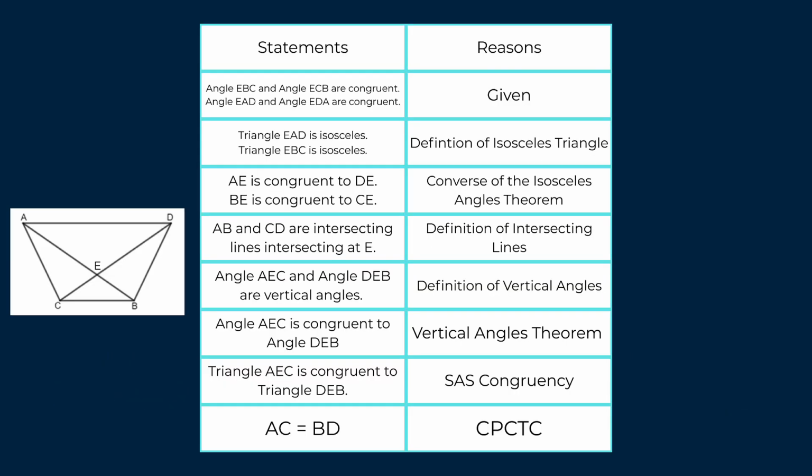Now, here is the two-column proof. As you can see, you have your statements and your reasons. And the other thing to note about this figure is that since it has 4 points and 4 sides and 4 angles, it is a quadrilateral.